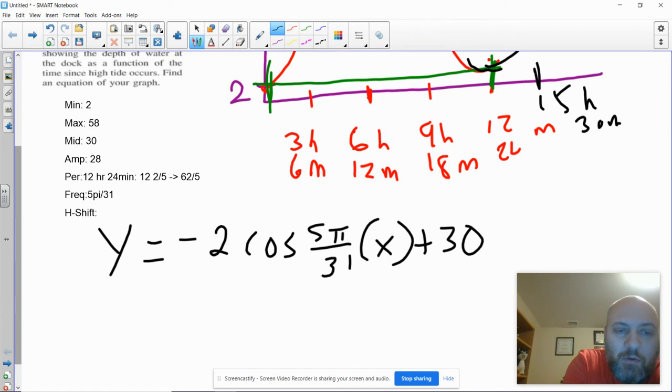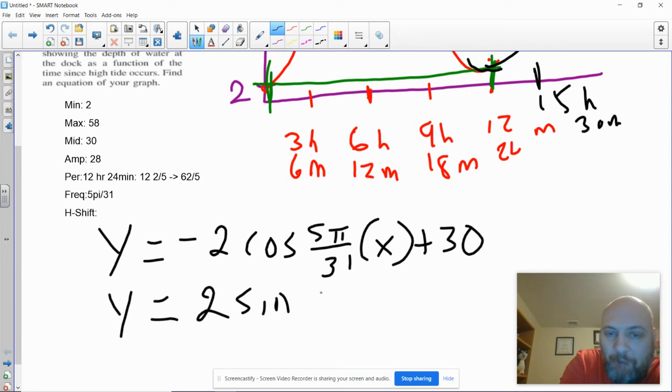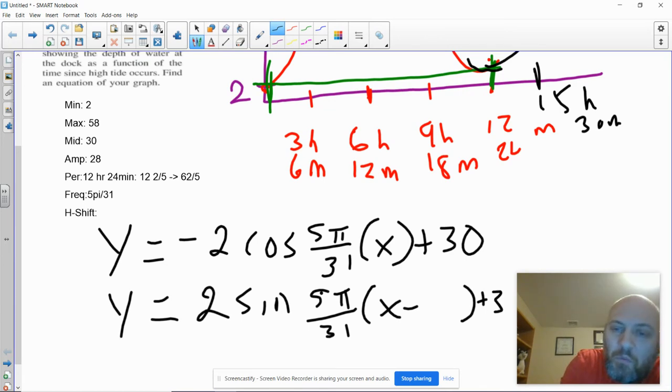If I'm doing the sine equation, it's not inverted. And I do have a horizontal shift. So if I'm going by minutes, which I converted my period into minutes, that 12 hours and 2/5.